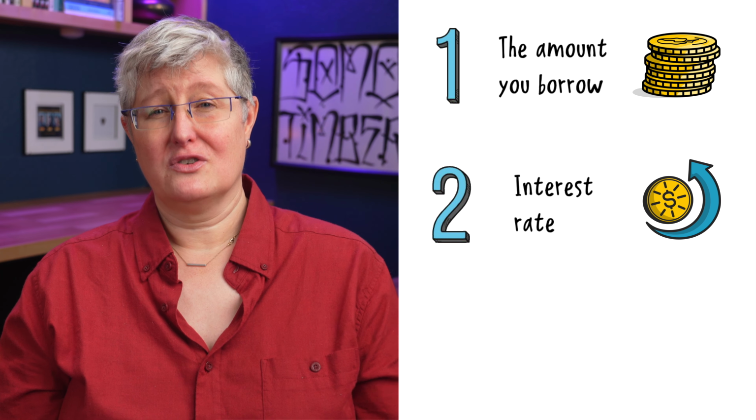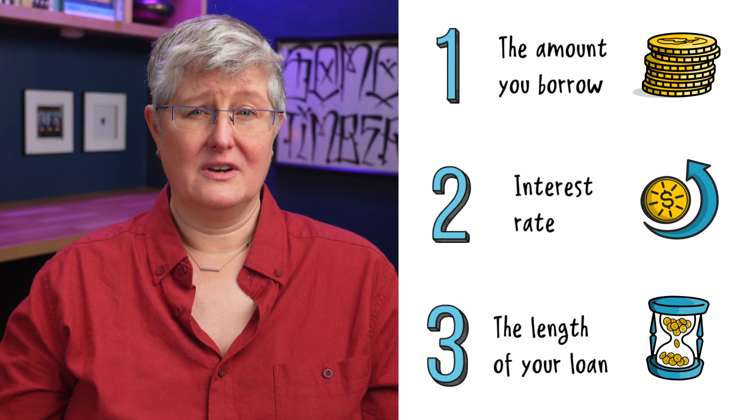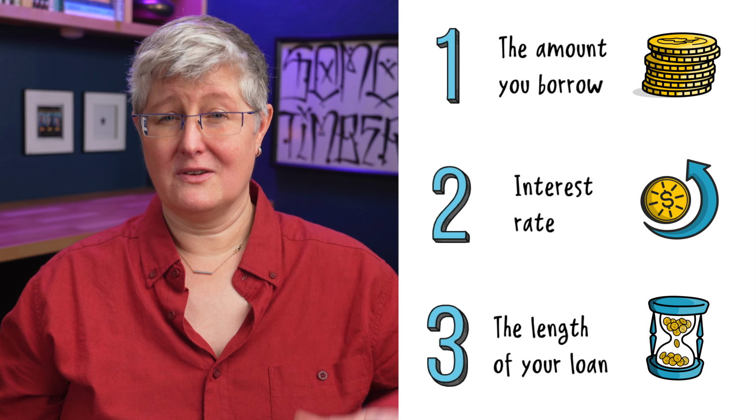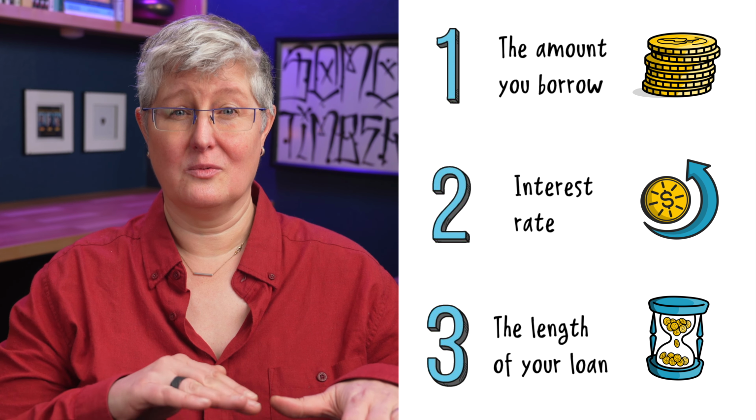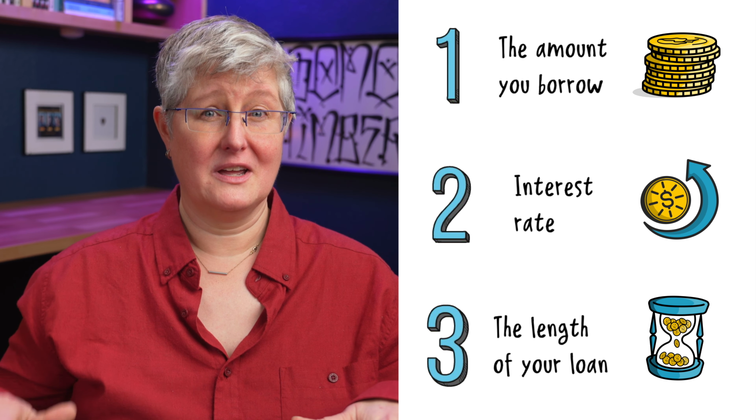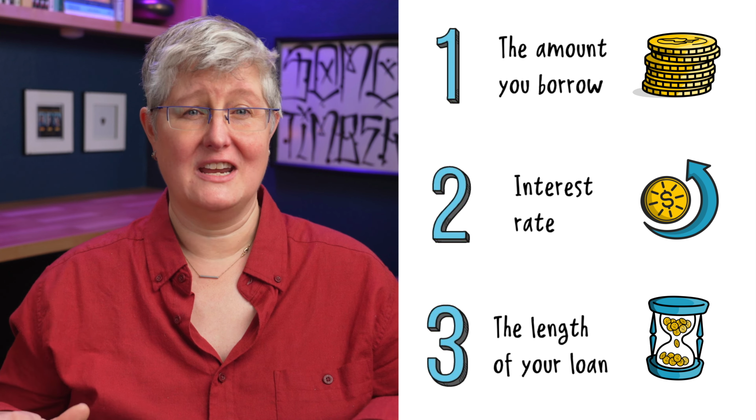Another way to think about this, or logic through it, I guess, is that there are three elements that determine what your payment's going to be: the amount you borrow, the interest rate, and the length of your loan. And so if you change one of those elements while holding another one constant, the third one changes.